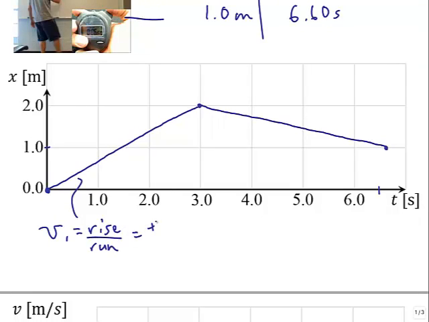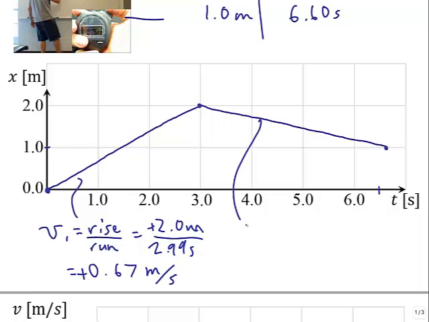And so now we can compute. We can say maybe this is V1, rise over run, which is going to be plus 2 meters to the right divided by 2.99 seconds. I did this in my calculator earlier: 0.67 meters per second, and that's a plus because it's moving to the right. Over here, V2, again rise over run, the rise now is negative.